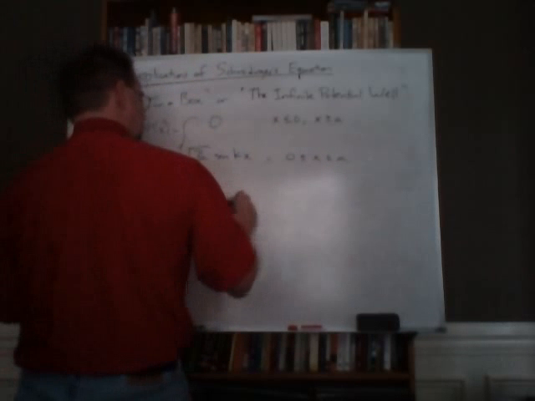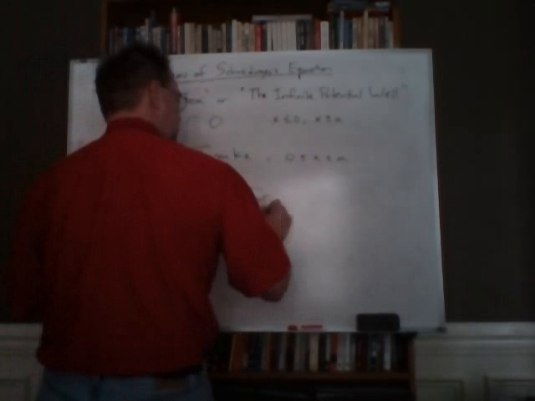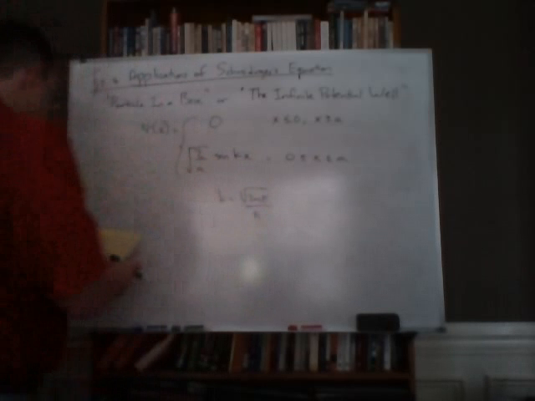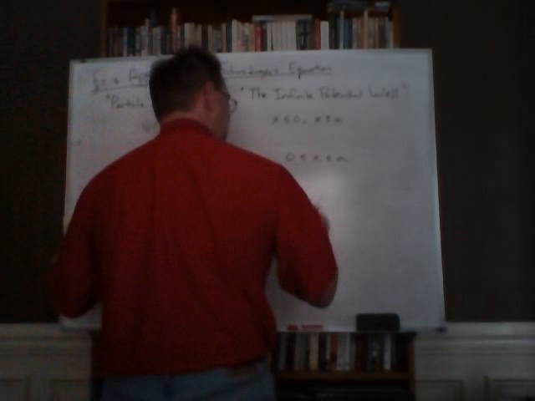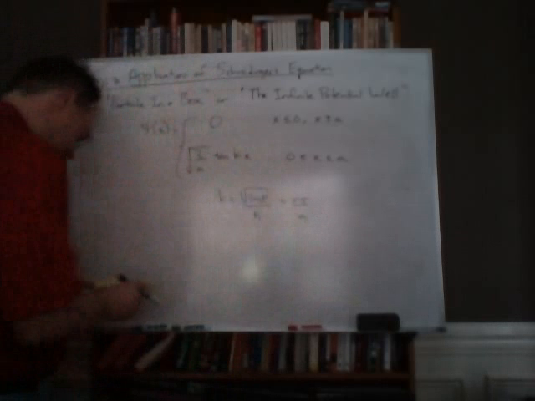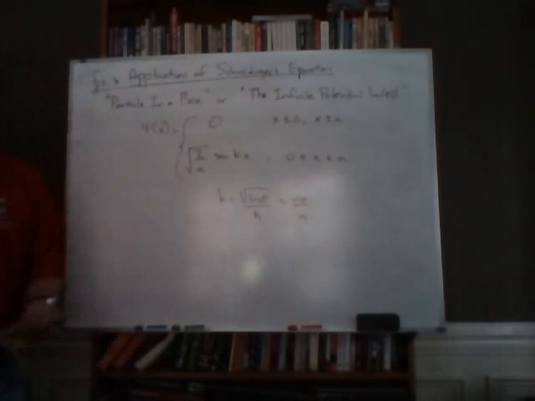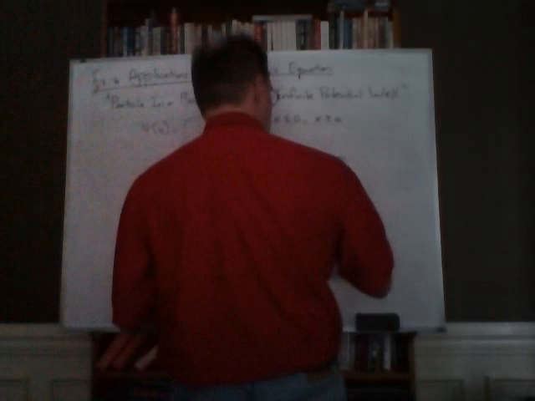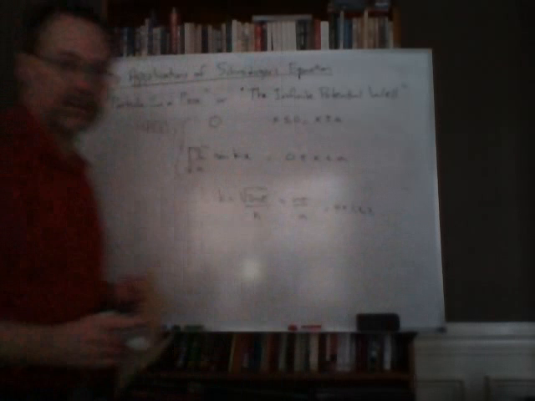We've got k equal to the square root of 2mE over h bar, and that is equal to n pi over a. And of course, n is equal to 1, 2, 3, positive integers.